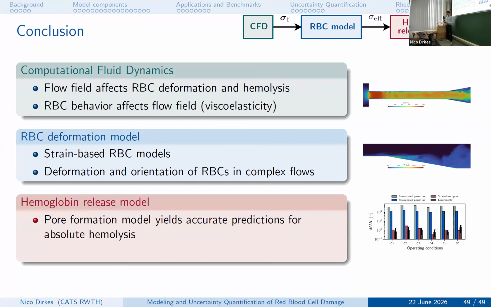And then I showed you different choices for the hemoglobin release model, where especially this pore formation model is much better than the current standard, which is the power law. And it yielded accurate predictions for the absolute values of hemolysis in different cases, even though it was tuned on very simple experiments. And also with the uncertainty quantification, we saw that the uncertainty in this model is much smaller than in the more commonly used power law models.